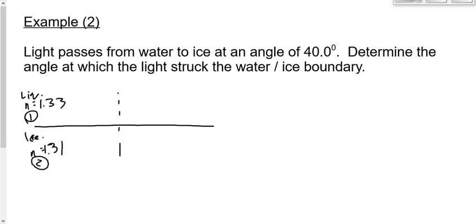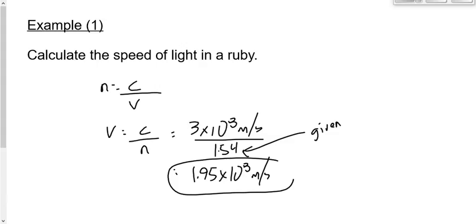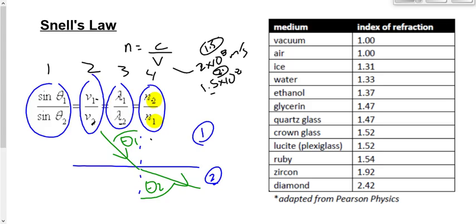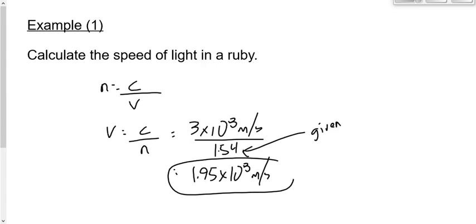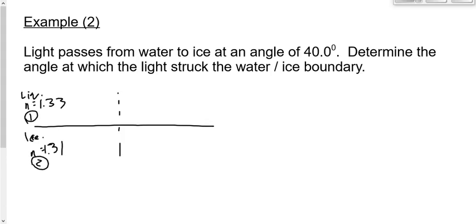And those are on the table that I gave you back here, right? And it's on the worksheet that you're going to be working on as well. So you don't have to memorize those numbers. You see, ice is 1.31, water is 1.33. So liquid water, 1.33, ice, 1.31.